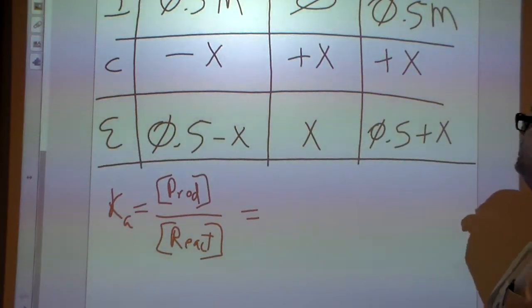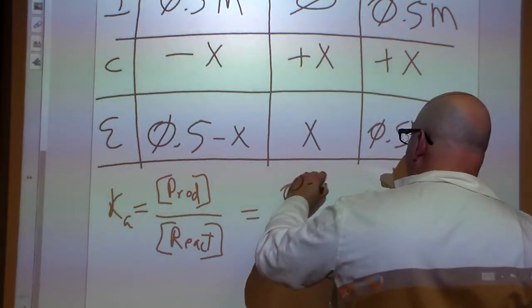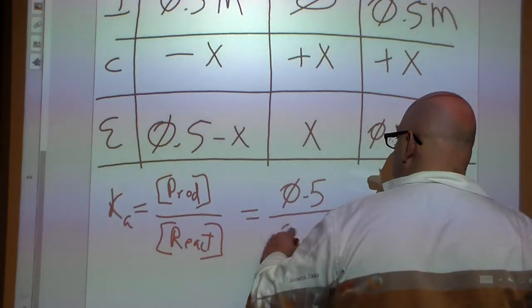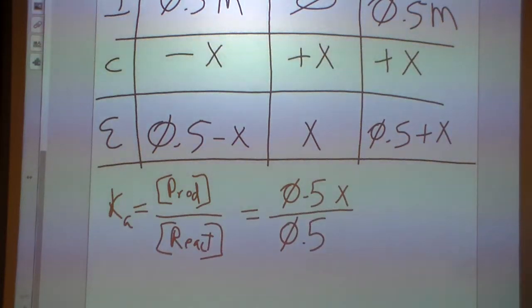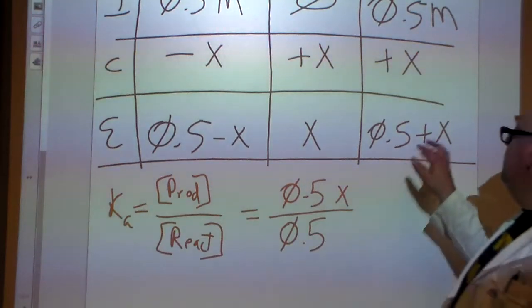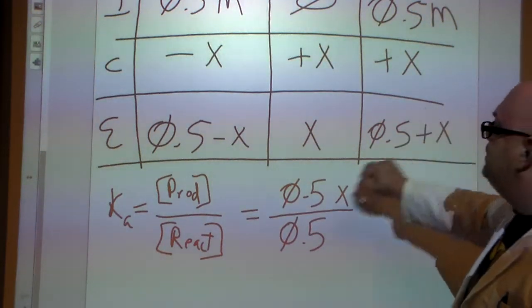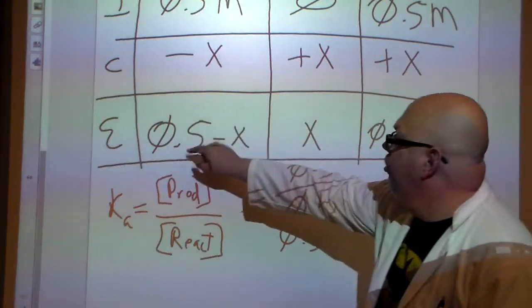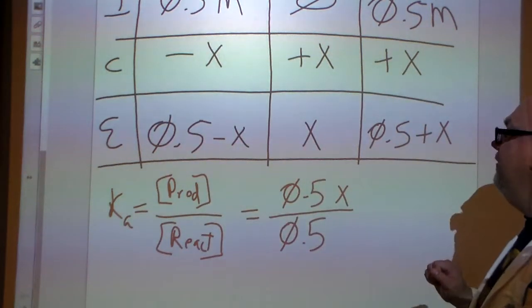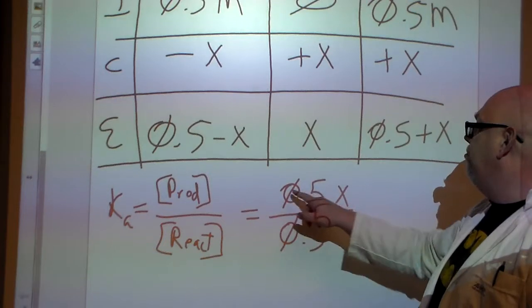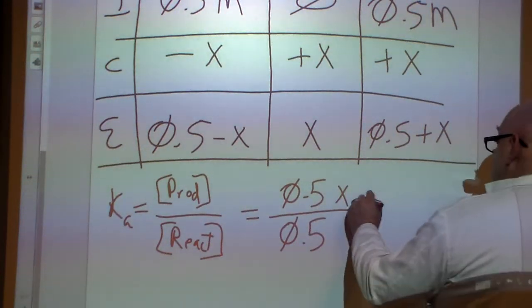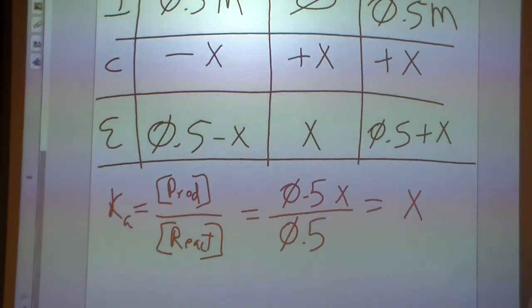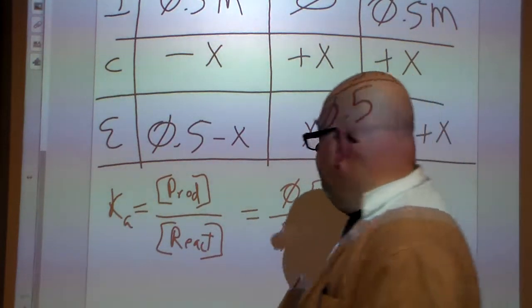We're assuming x to be small, so we have 0.5x divided by 0.5. Because x is small, we can discount this. We can discount this, so that means 0.5x and 0.5. So it's 0.5 times x divided by 0.5, which makes it x. Who would have thought that one?